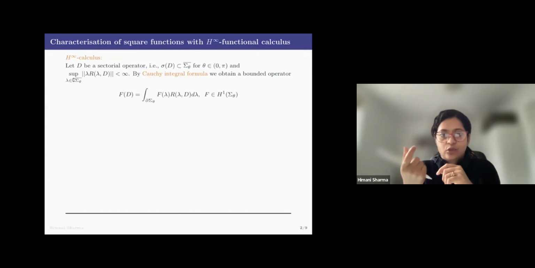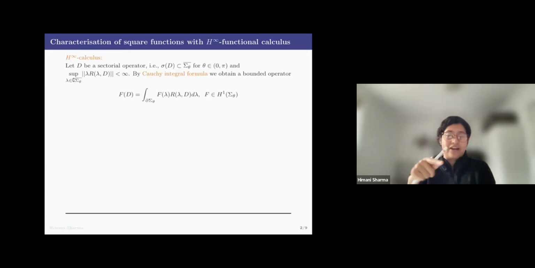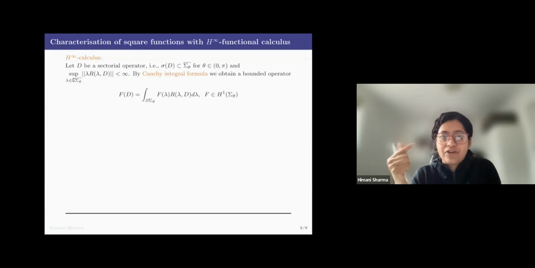This is the class of those holomorphic functions defined from the sector of theta to the complex numbers, which are L1 integrable with the measure d lambda over lambda. This is because the resolvent acts like 1 over lambda as it approaches infinity.